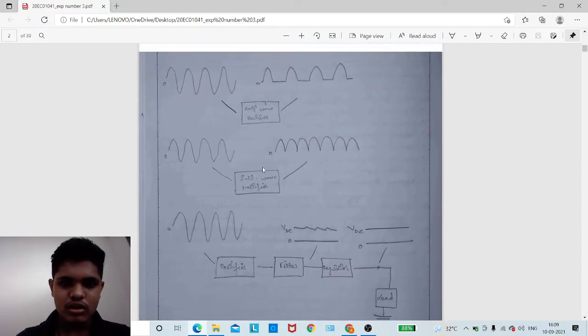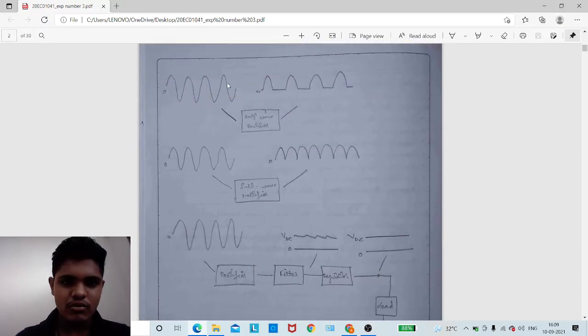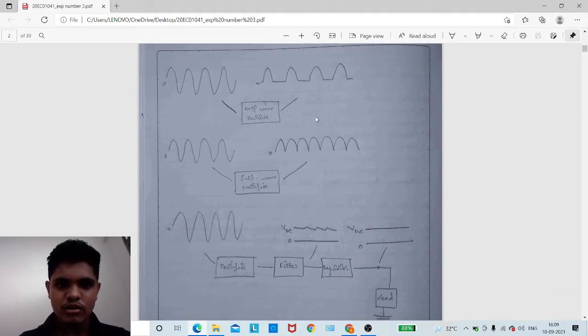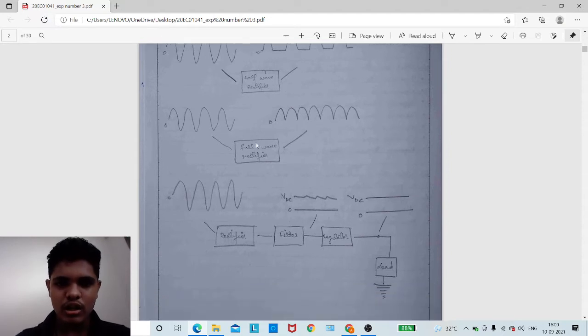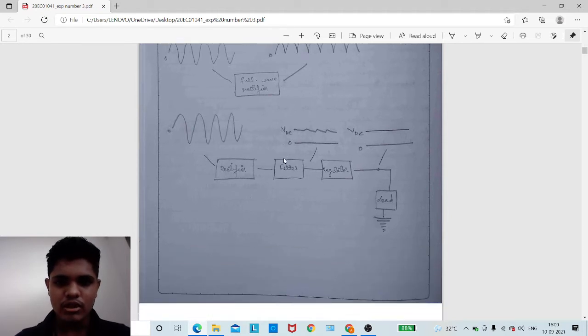If an AC voltage is the input and it is passed through the half wave rectifier, we'll get this type of half wave output voltage, and when we pass it through the full wave rectifier, we'll get this type of output voltage.